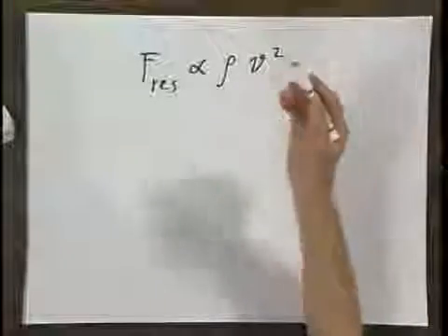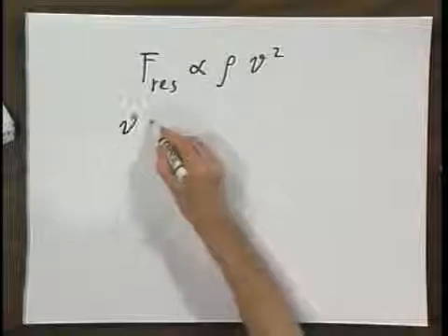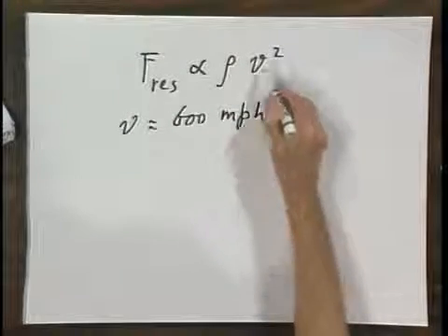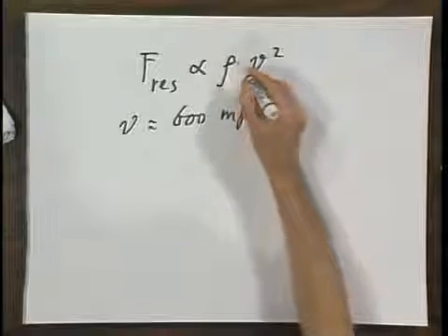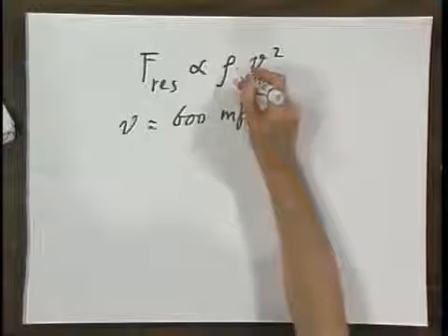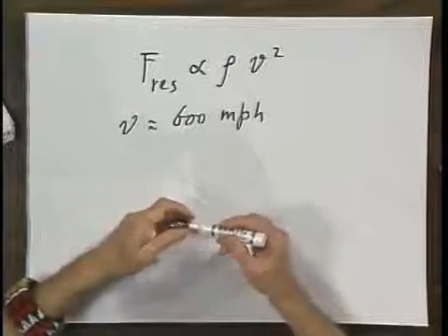If an airplane is flying at a speed of 600 miles per hour, that's a commercial jet plane, then at sea level, the density of air is about 3 times higher than the density of air when you fly at 30,000 feet, which is the normal height for commercial airplanes.